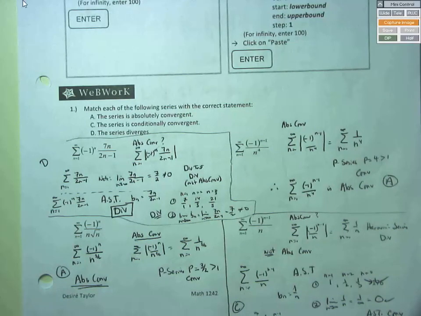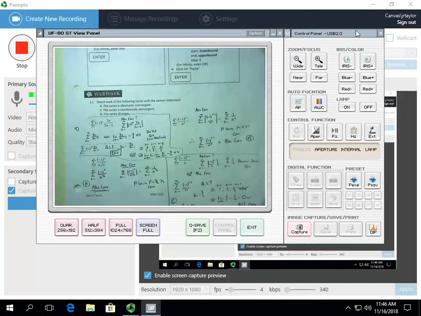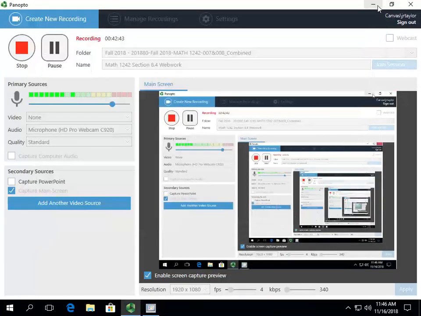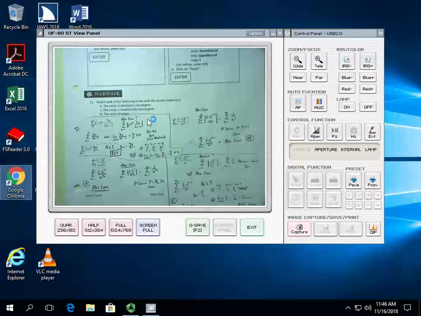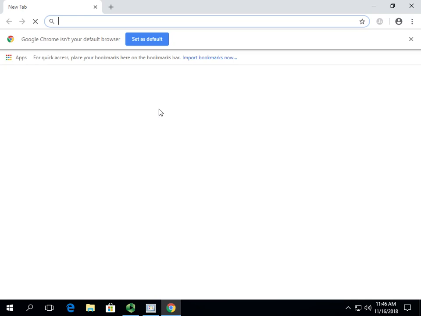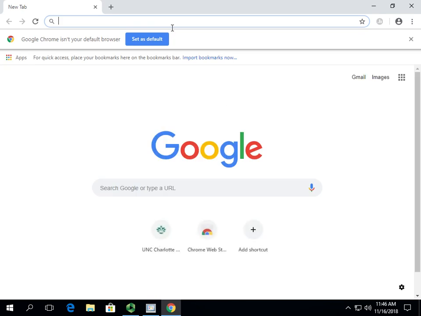I can actually do this by looking online here. So hold on just a second. Minimize this. Let me open a browser here, because I want to show you where these final exams are. I'm going to be posting some old final exams and some video solutions of those things.